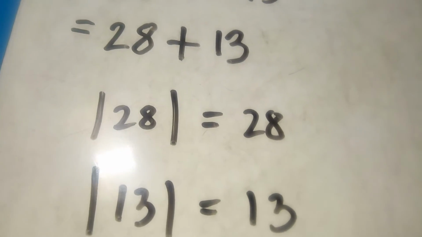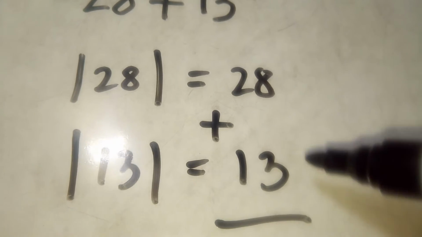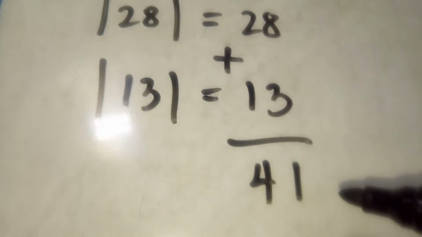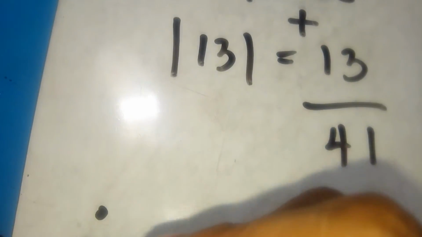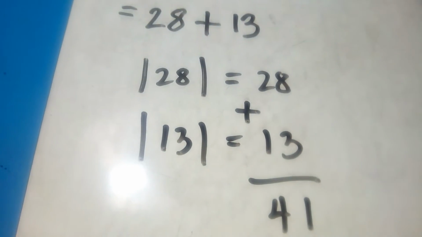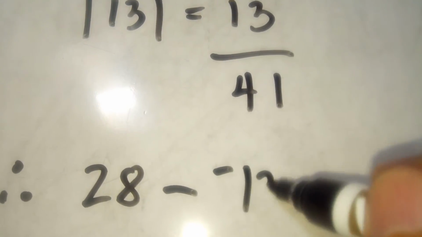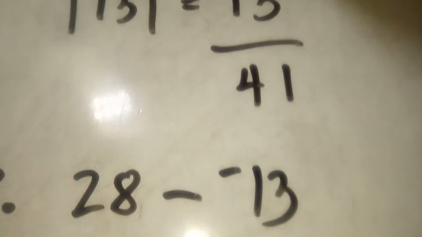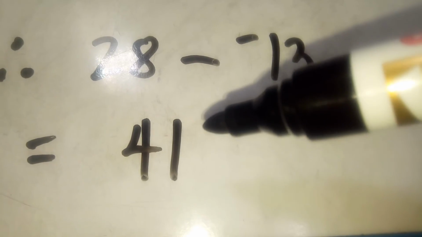Just take the sum, or just add. So that's 11, carry 1, so that's 41. Therefore the difference of 28 and negative 13 equals 41. Since they already have the same sign, the result will be positive.